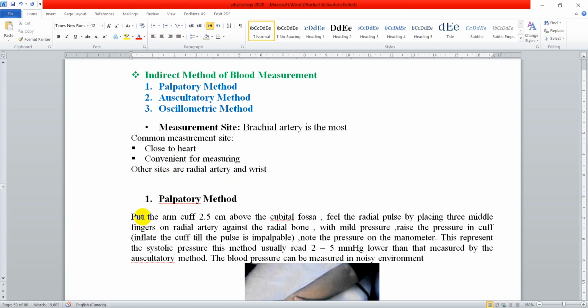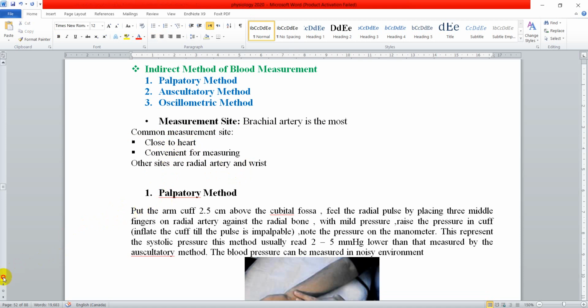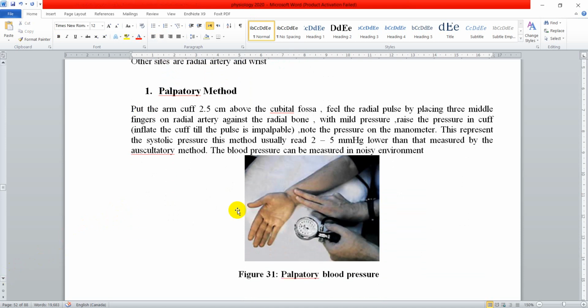Explanation of the palpatory method. This picture shows it at the wrist, the radial artery. Put the arm cuff, you will notice this cuff is for controlling the flow of blood.